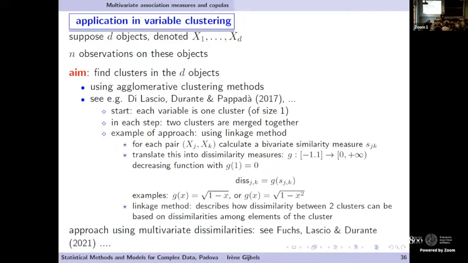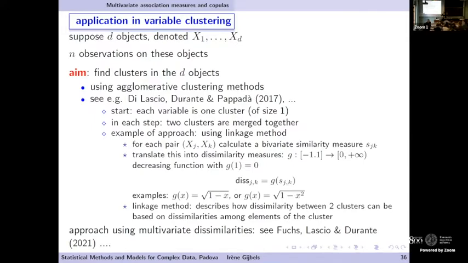Essentially, what we used these multivariate association measures and these multivariate tail coefficients for is variable clustering. And I should say that Fabrizio was among the first people who started showing how to do that, and we just followed what Fabrizio was doing. So in a sense, what you do is the following.